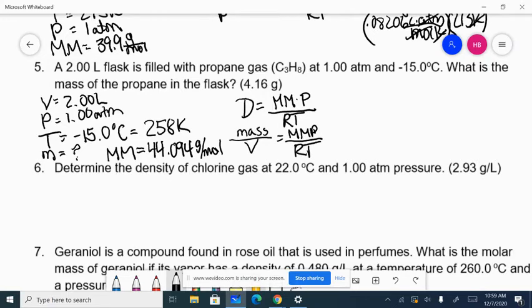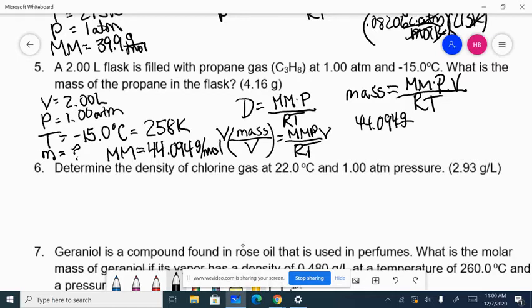And we can move the volume away from the mass by multiplying. So mass is going to equal molar mass times P times V over RT. So now it's a matter of plugging in my numbers.